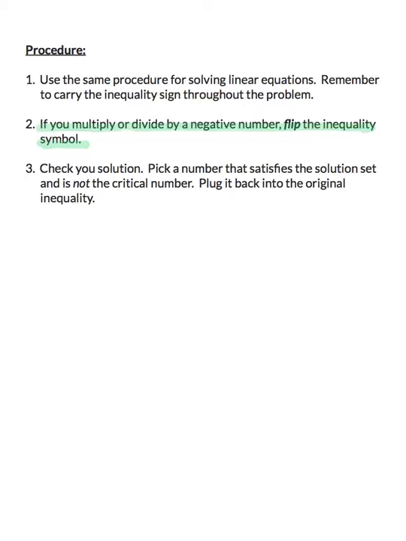So real fast, let's talk about why we need to flip the inequality symbol. Let's look at a quick example here. Let's say we want to look at 5 and 10. We know that 5 is less than 10. And what we want to know is what happens when we do different operations to our statement.